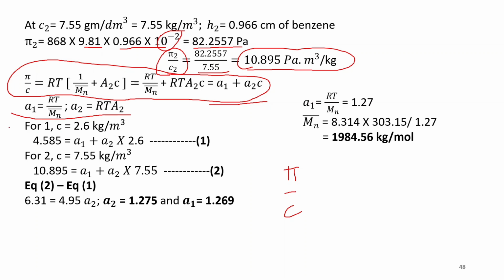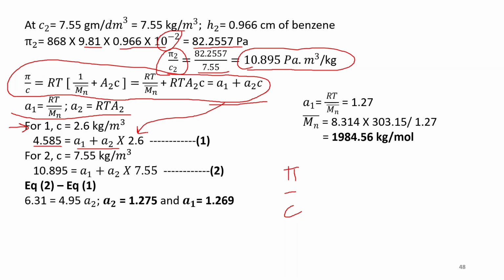For one concentration, which is 2.6, we already have pi by C1, which is 4.585. So 4.585 is equal to A1 plus A2 into the concentration, which at 1 is 2.6.